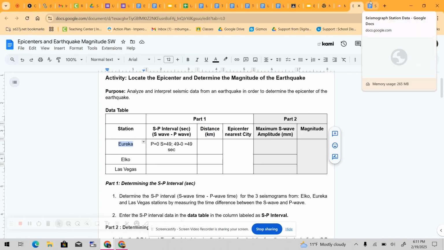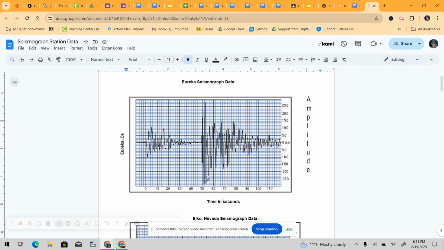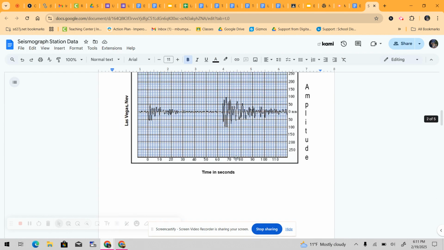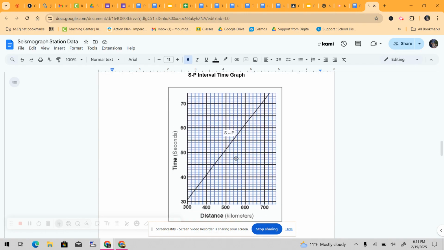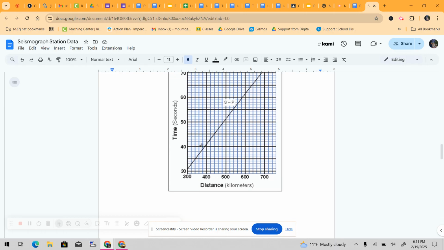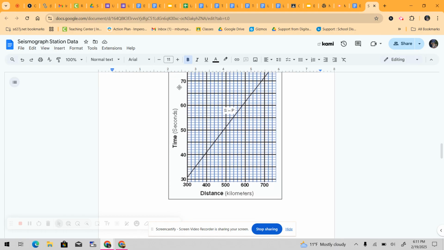In order to do this, I'm going to go back into my data packet and go to the second page, where I see the SP interval time graph. Here I have a graph that graphs my time in seconds by distance in kilometers.